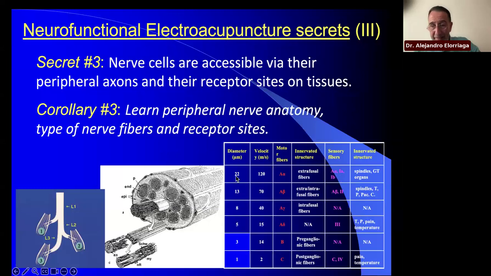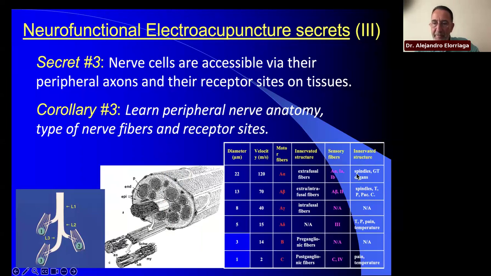If we go to the next level, which already is a significant drop in speed from 120 meters to 70 meters, but still very fast, we find at the sensory level, particularly, some other parts of the spindle, and also temperature, pressure, and Pacinian corpuscles, which are mechanoreceptors.